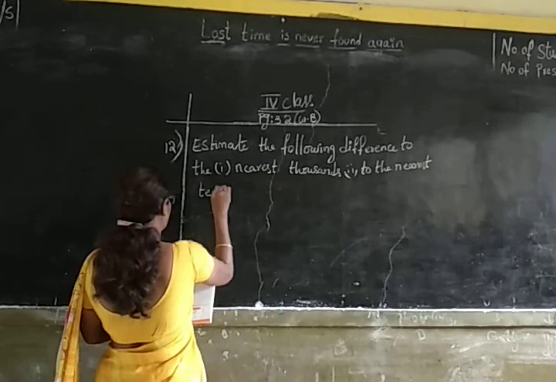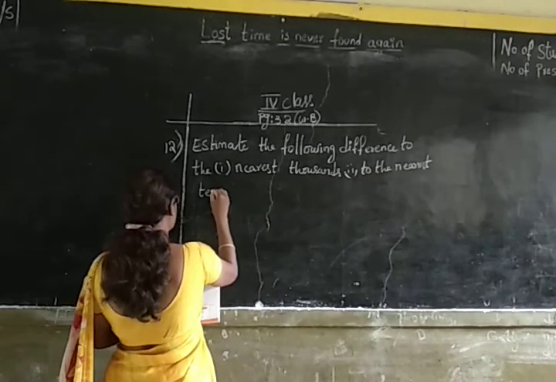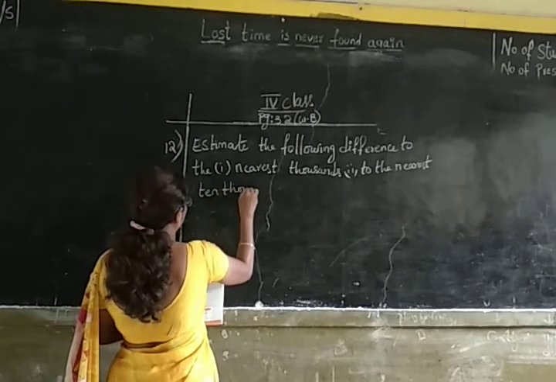So we have to estimate both to the nearest thousands and also the nearest 10,000s.